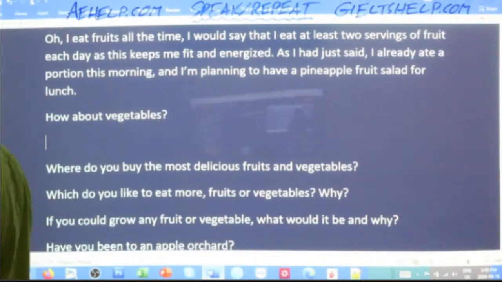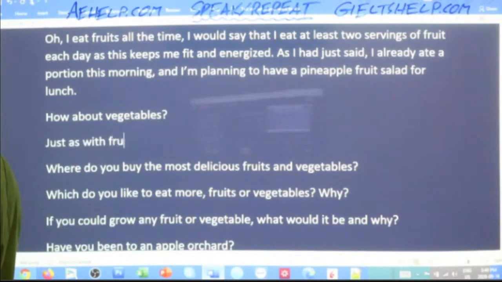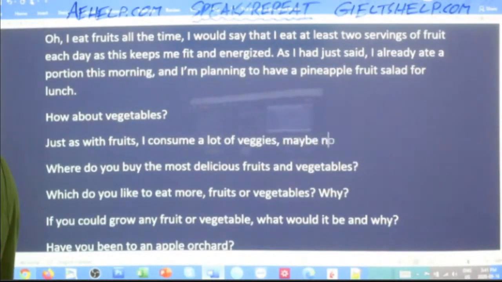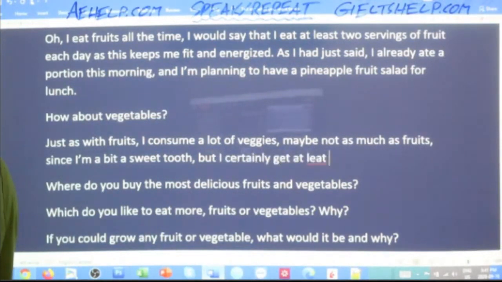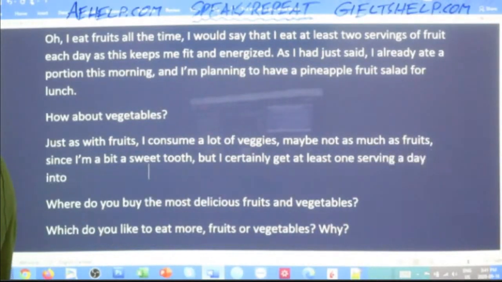Okay, so just as with fruits, I consume a lot of veggies, maybe not as much as fruits, since I'm a bit of a sweet tooth, but I certainly get at least one serving a day into my system.